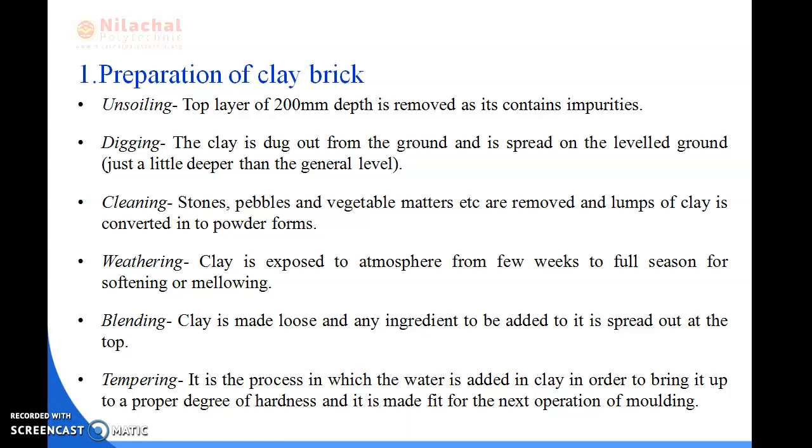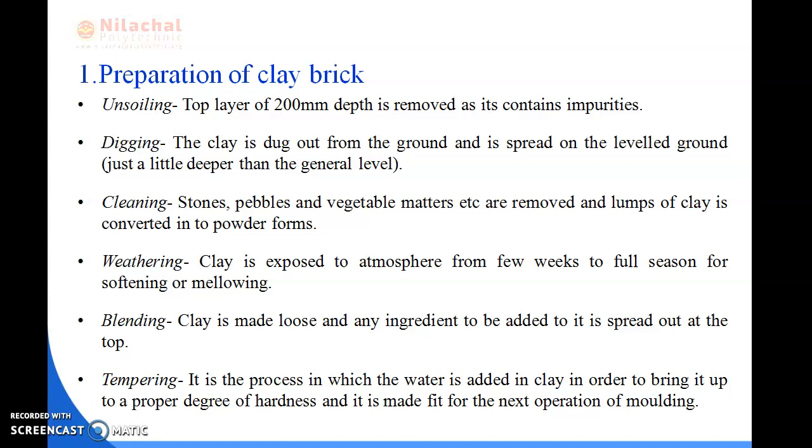So in the cleaning process, stones, pebbles, vegetable materials and any other impurities are removed, and if any clay lumps are present in the clay, we can convert them into powder form.